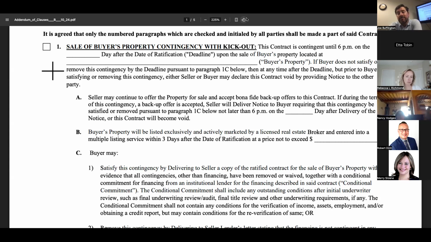It kind of depends too. You're accepting an offer, but I think some buyers might get upset. You're right, there's a bit of a balance in the relationship, as far as how committed both of you are to this process. Sometimes I don't want to disincentivize the buyer who's under contract with the kickout, but I've got to do everything I can to make sure we get it under contract.